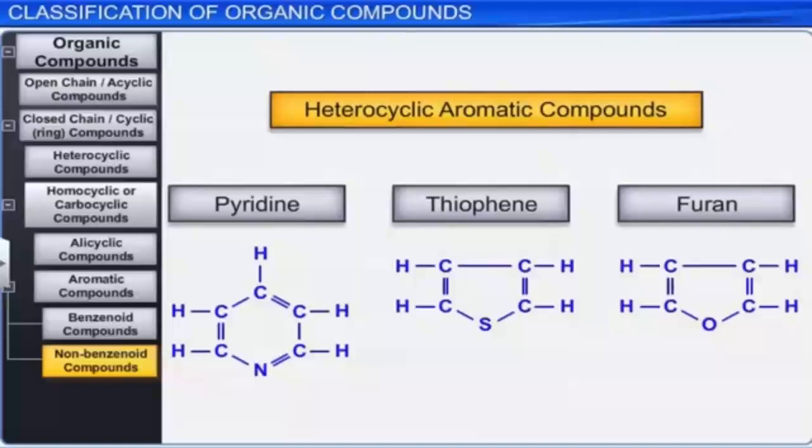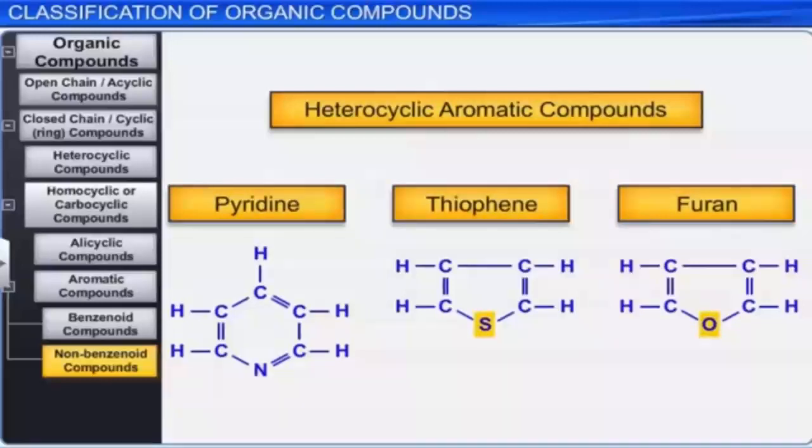These compounds contain heteroatoms such as nitrogen or sulfur or oxygen in addition to carbon atoms in the ring and resemble benzene in their properties. For example, pyridine, thiophene and furan are heterocyclic compounds containing heteroatoms nitrogen, sulfur and oxygen respectively.